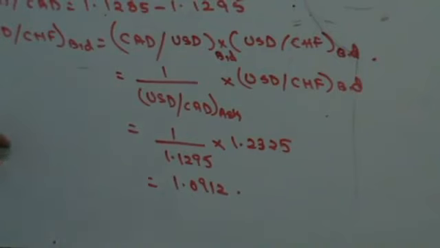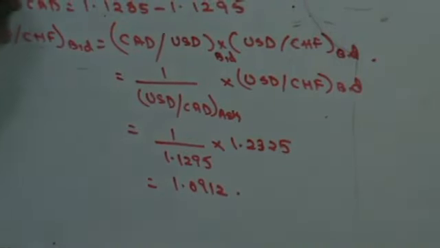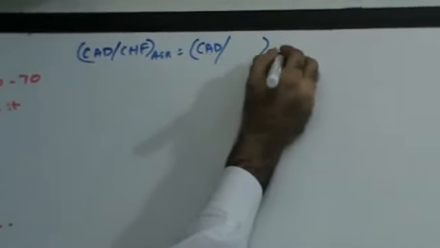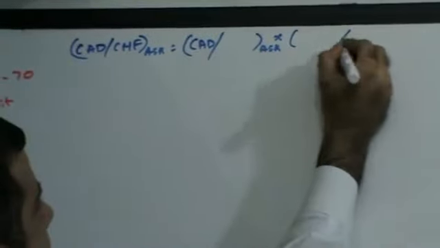I found out bid. Now the same way I need to find out ask. I want Canadian dollars Swiss franc ask. You want Canadian dollars in the numerator. You want Swiss franc in the denominator.